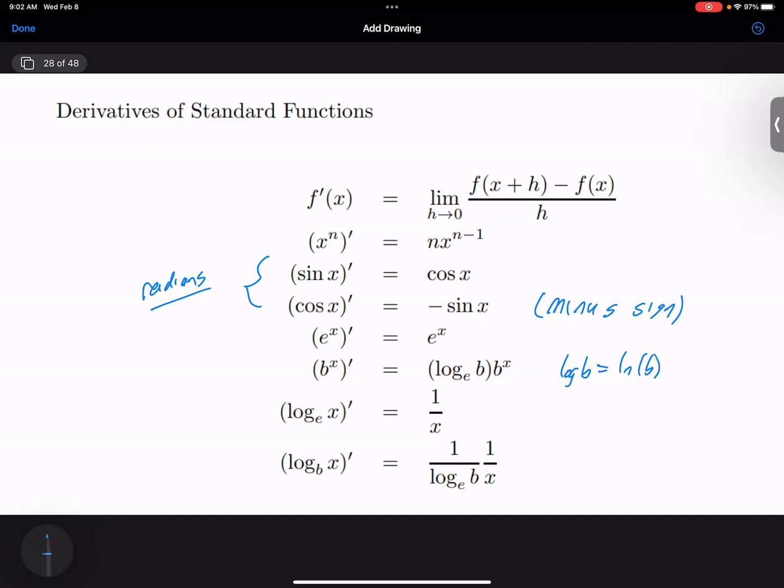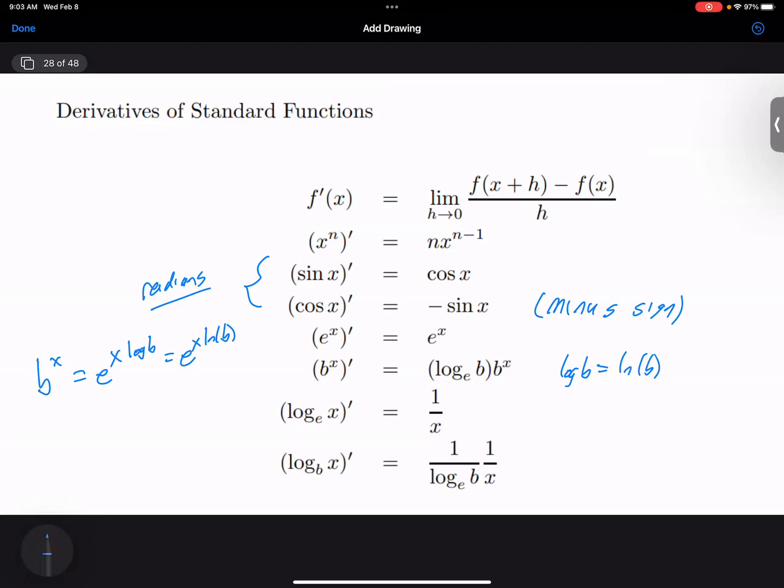If you wanted to prove this, we're doing a little bit of algebra. b to the x is e to the x natural log of b. Now if I want to take the derivative of b to the x, I can use the chain rule, and I'll get e to the x log b, and then the derivative of x log b is going to give me a natural log of b. That's where this extra factor comes from.